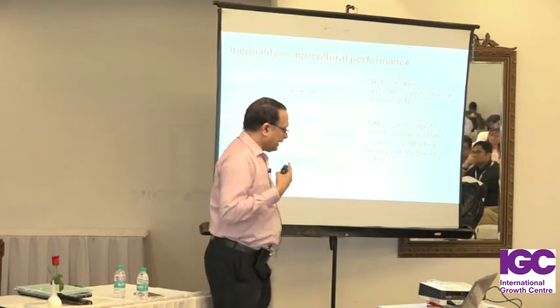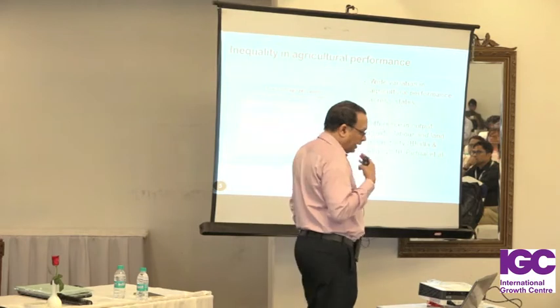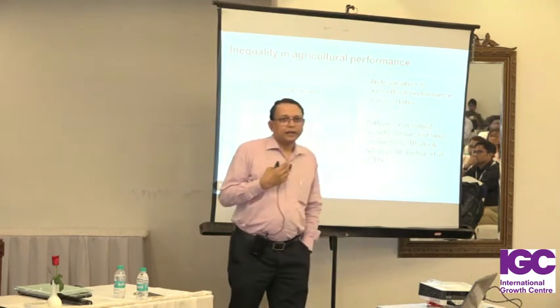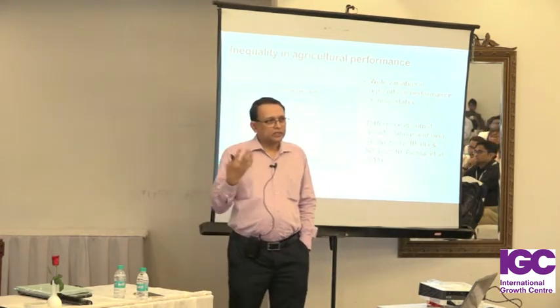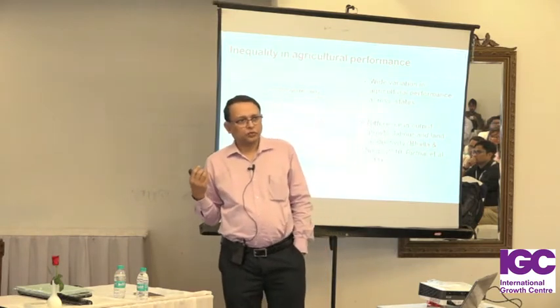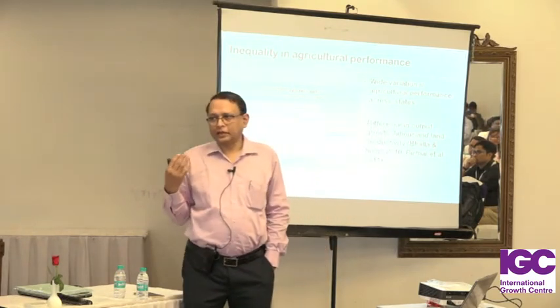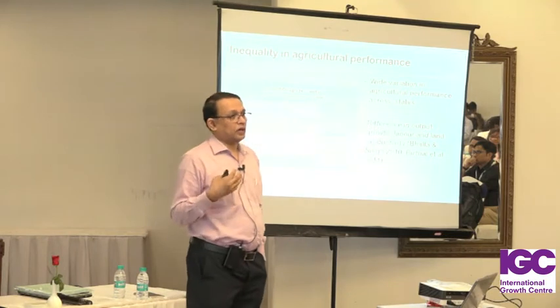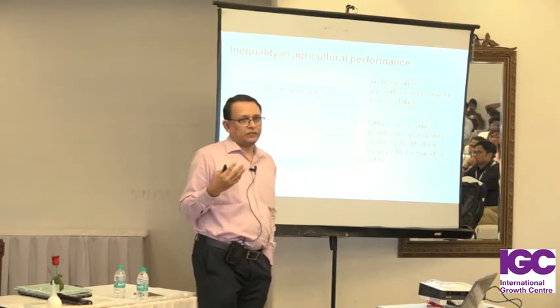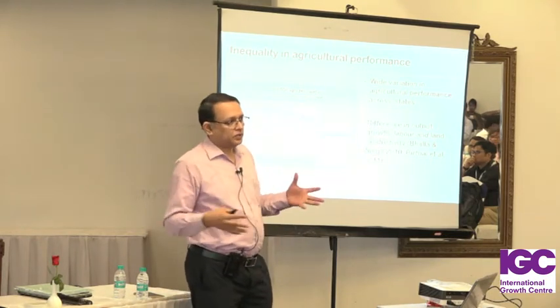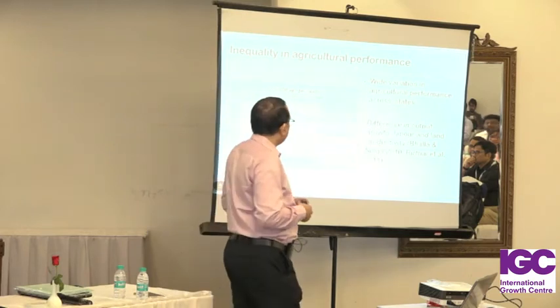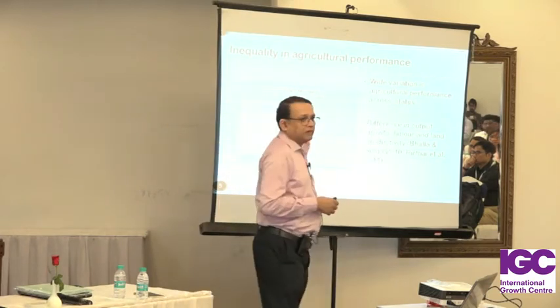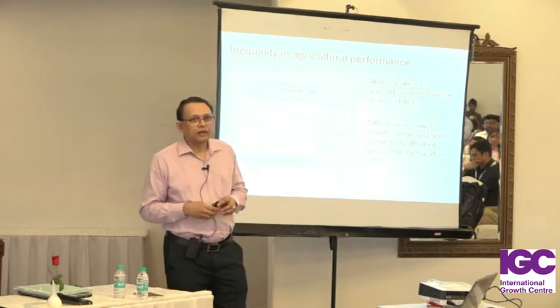That is something people have worried about, and one simple metric by which one can assess the extent of difference between states is to compute the coefficient of variation, okay.